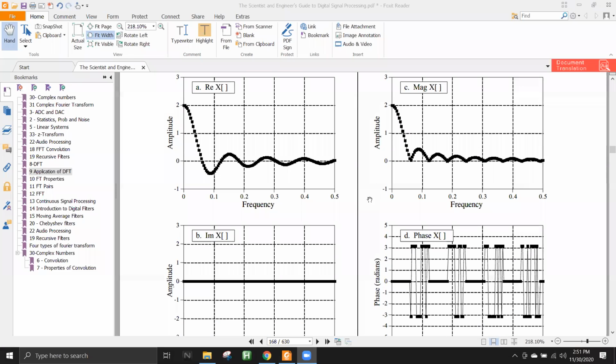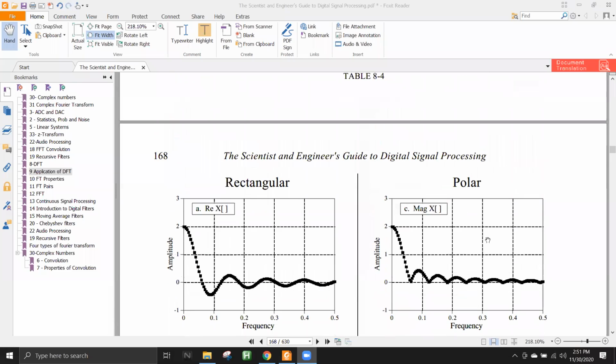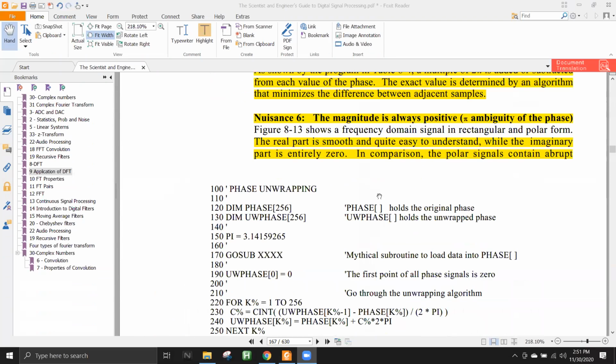Then the corresponding magnitude will be something like this. It won't be exactly continuous, because it jumps up from here, and again jumps at a particular point, so it will have something like this. When the magnitude is like this, it is called the pi ambiguity.